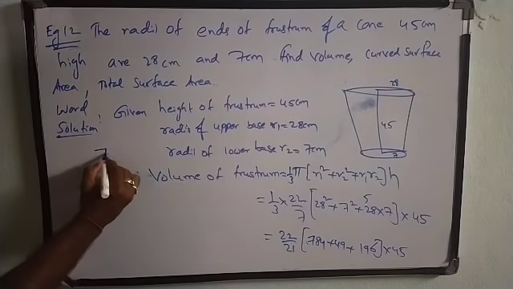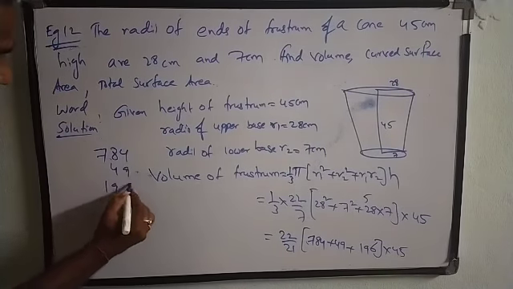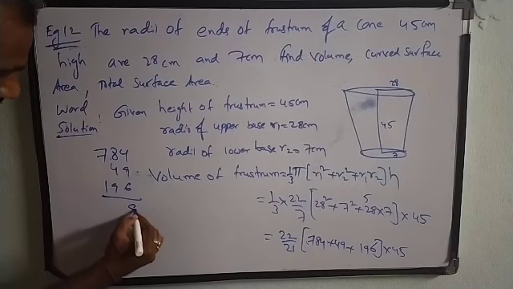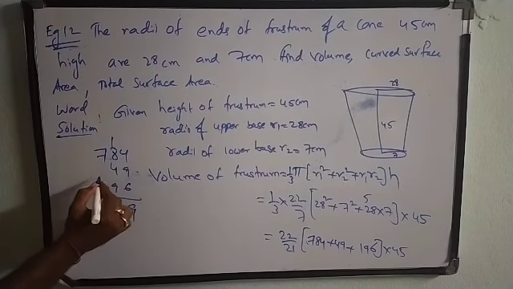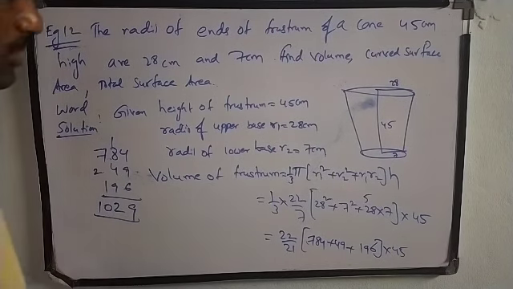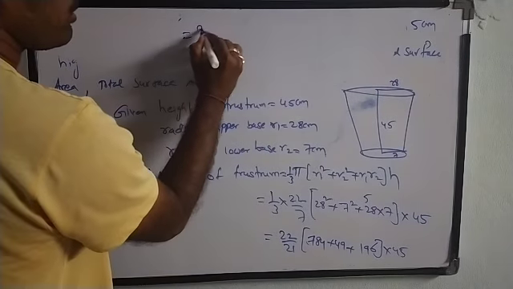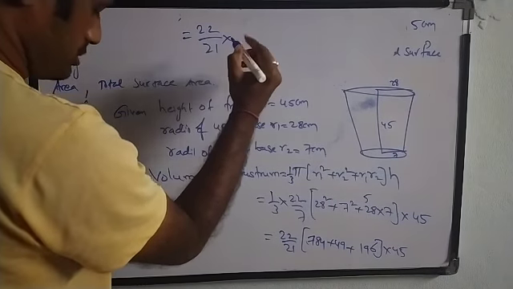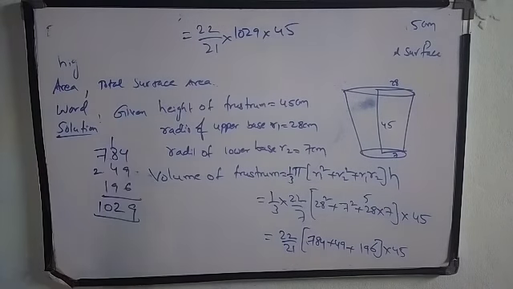So overall, if we do the addition, 784, 49, 196, it is 1029. So it will be 22 by 21 into 1029 into 45.